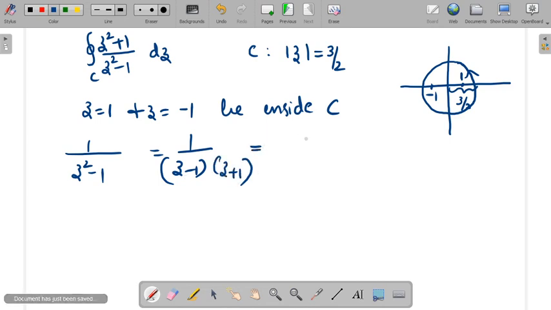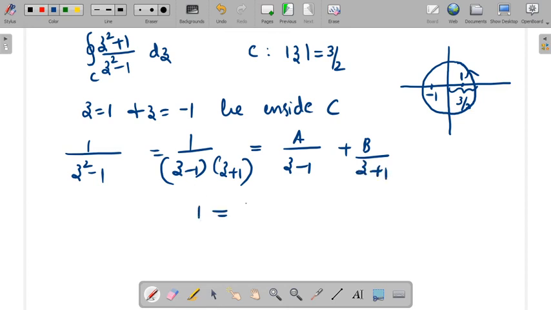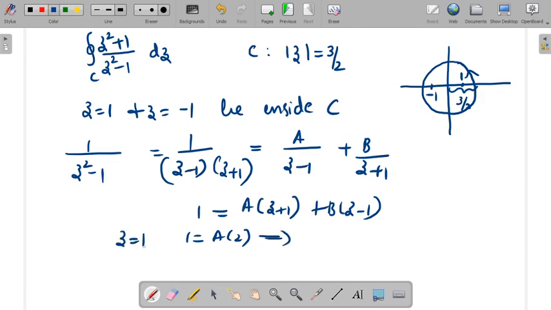Right? And changing this into partial fraction, that is, we write this as a by z minus 1 plus b by z plus 1. So that equating the numerator, we get 1 is equal to a into z plus 1 plus b into z minus 1. When z is 1, we get 1 is equal to a into 2 plus b into 0, which gives a the value 1 by 2.